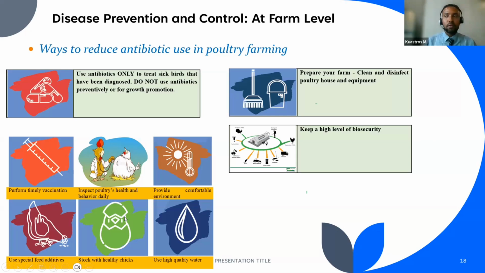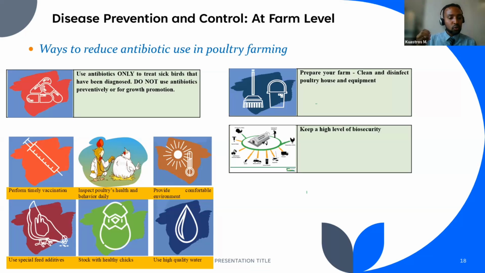For example, in my experience in Ethiopia, some of the exporters brought day-old chicks from abroad. And when we bring day-old chicks, if we don't know what kind of disease is in the parent stock, then there is a possibility of introducing a disease.